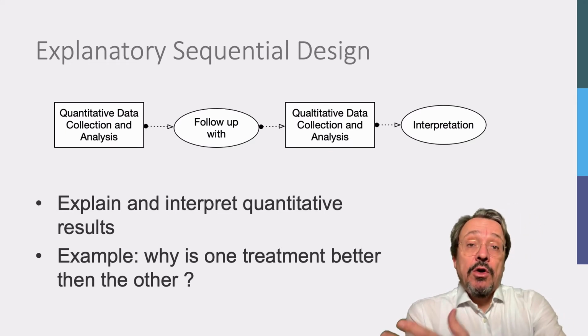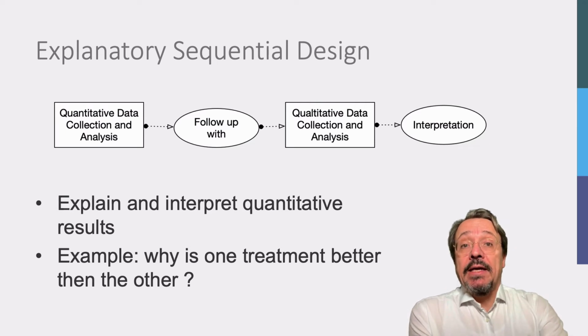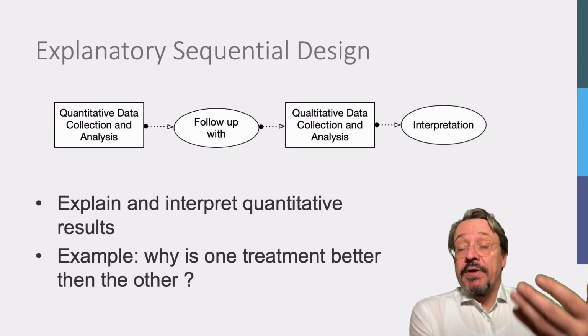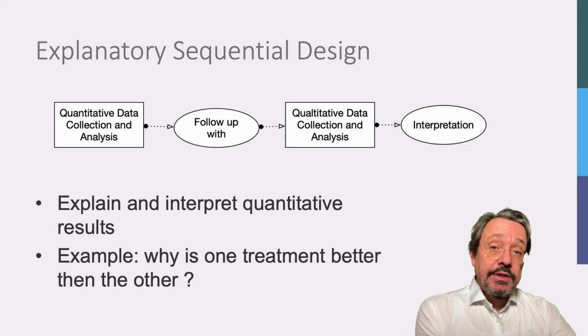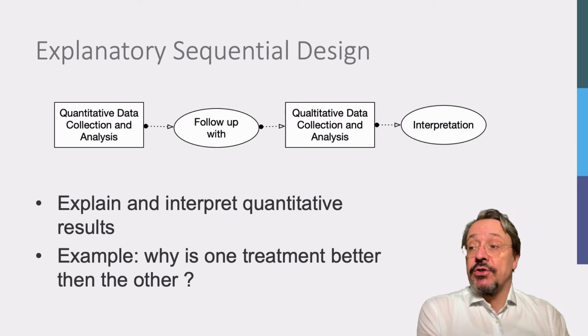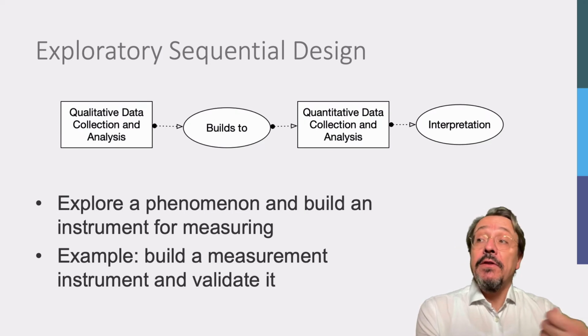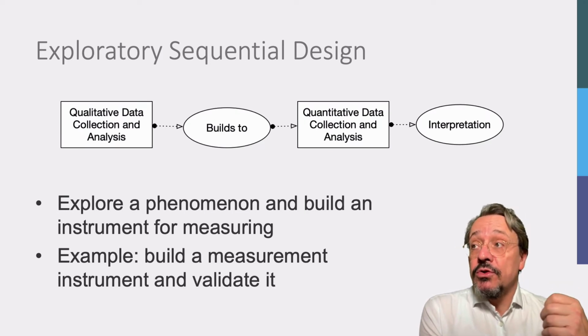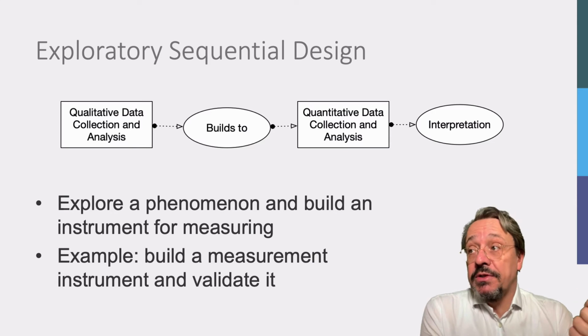So you could do quantitative data collection, analyze the data, reflect on the findings, do a qualitative data collection to help you with interpretation. The other way around, you can of course also do an exploratory sequential design.